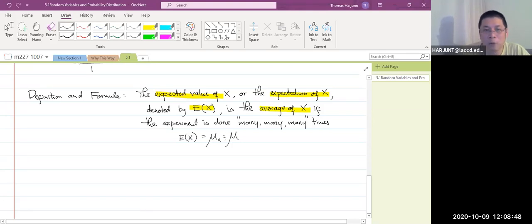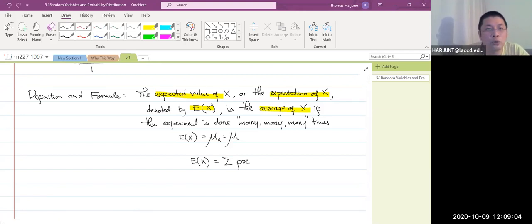Okay, and the formula is given by the sum of x times p(x).